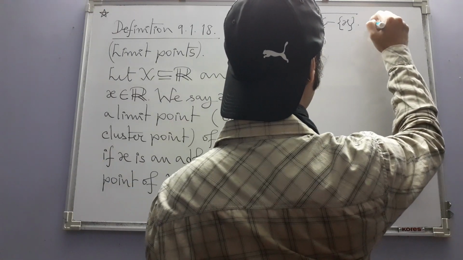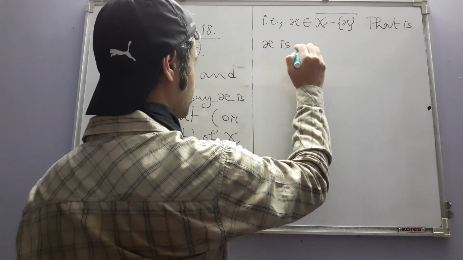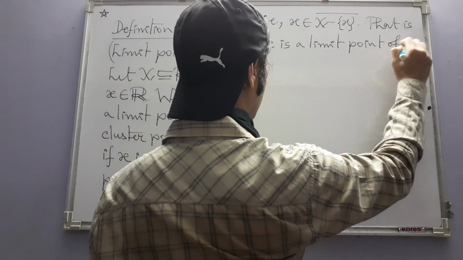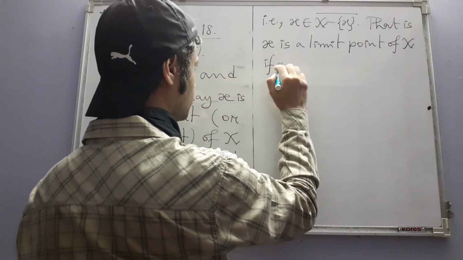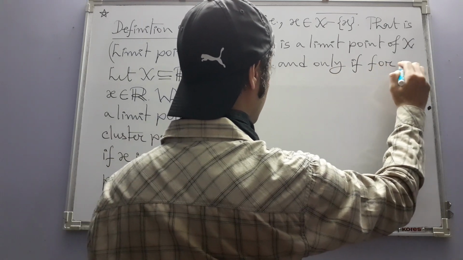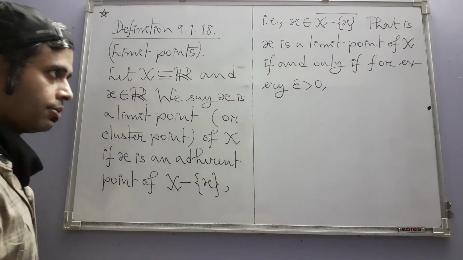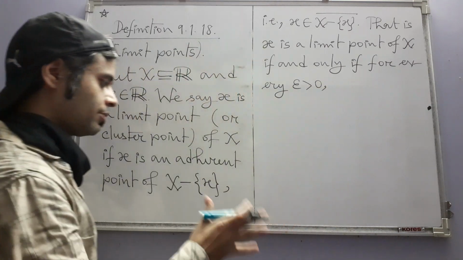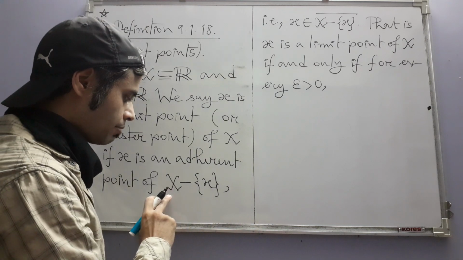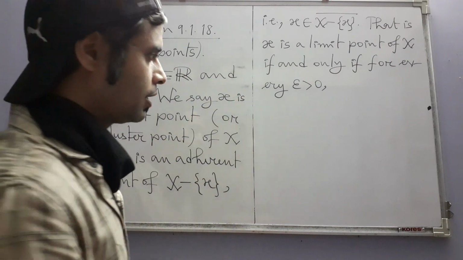That is, x is a limit point of X if and only if for every epsilon greater than 0, because x is an adherent point of this, there must be a point from here that is epsilon close to x, because that's the meaning of an adherent point.